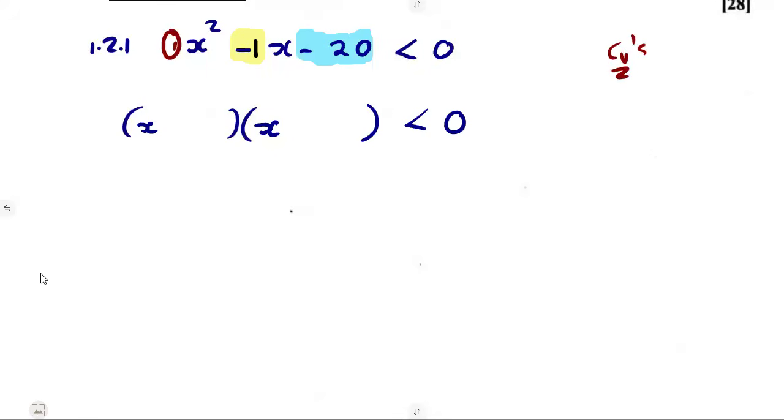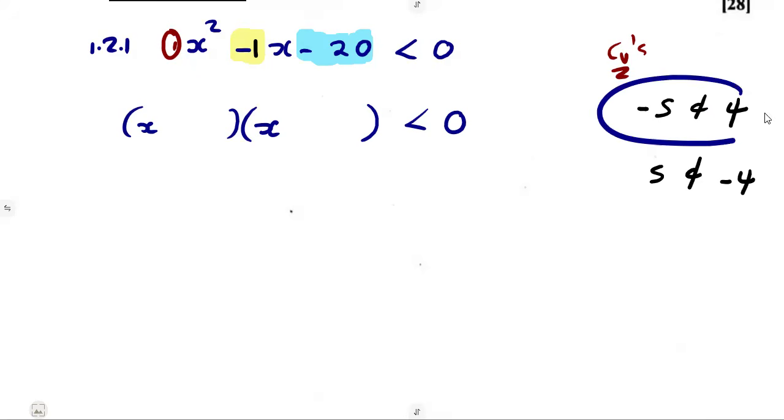So we actually need two factors of negative 20. Thinking of 4 and 5, there is a possibility of getting a 1, because one of these is supposed to be negative. So is it going to be negative 5 or negative 4? Let us multiply these two: we get a negative 20, which is true.